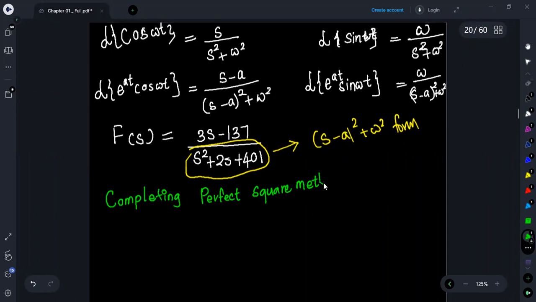You have learned this in your O-levels as well. The Sinhala word is Varga Purnaya. So we are going to refresh your memory on this.